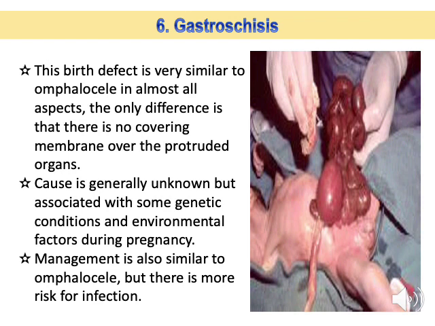In gastroschisis, risk factors may even include mothers being young and use of alcohol or tobacco during pregnancy. Management is also similar to omphalocele, but there is a higher risk for infection due to the non-covered abdominal organs.